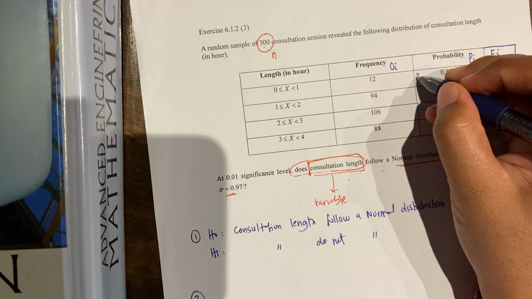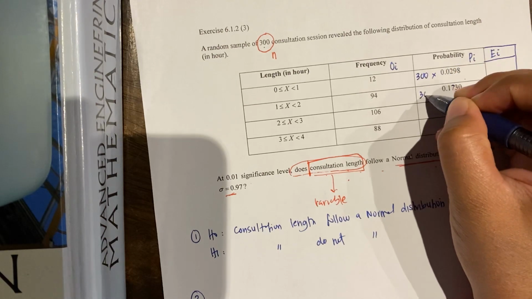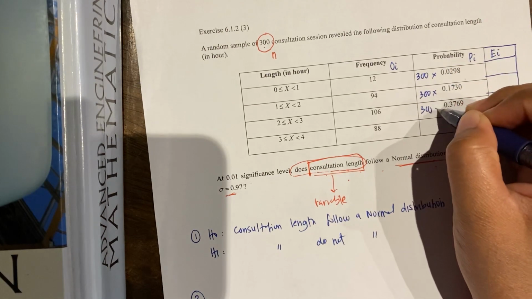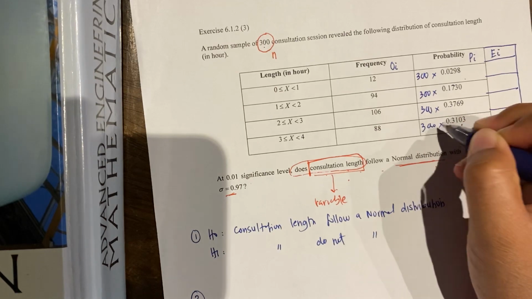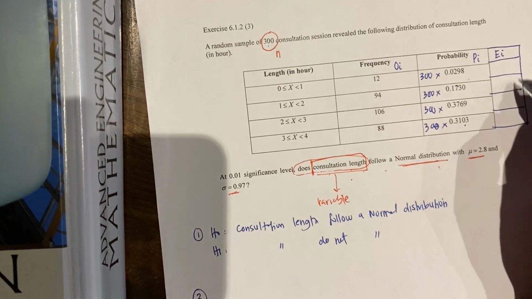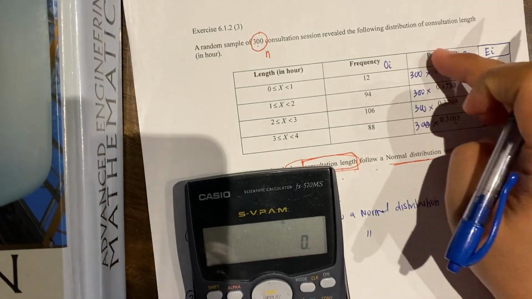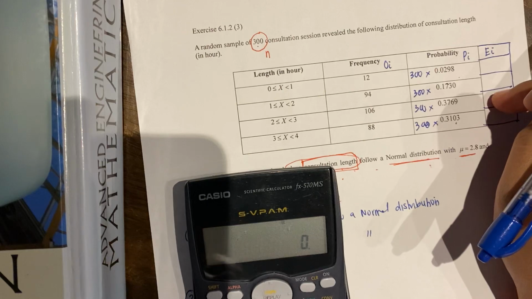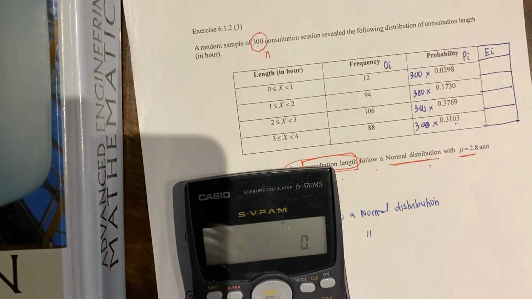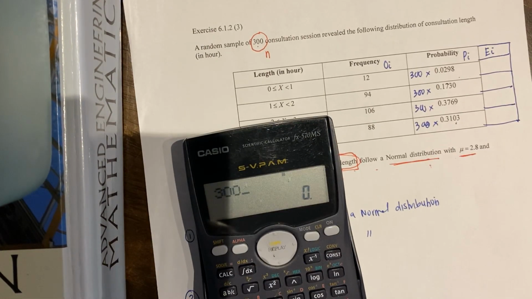I just put 300 times here because I don't have enough space, but you can put the formula here. So you will get 300 times 0.0298.